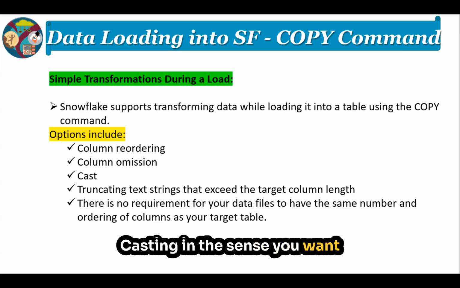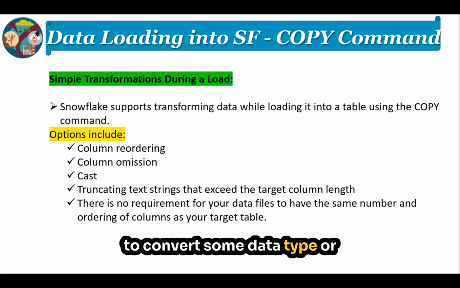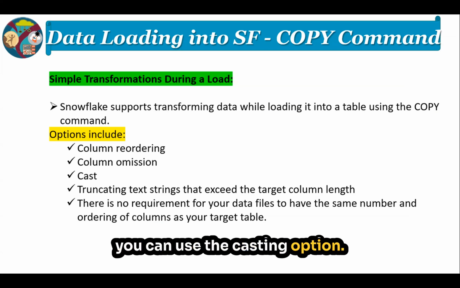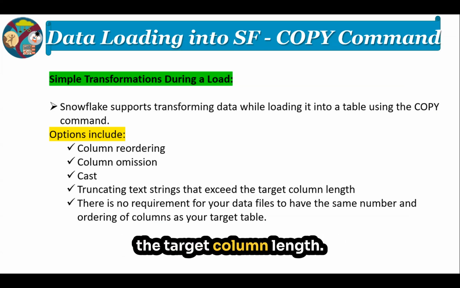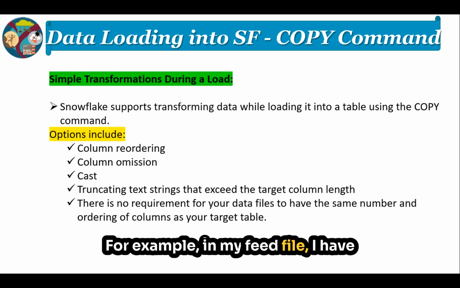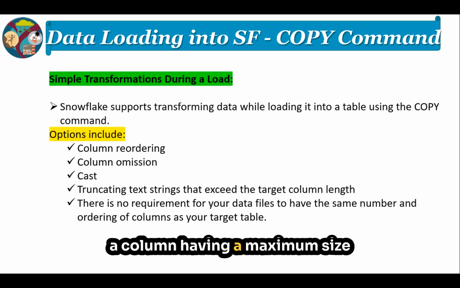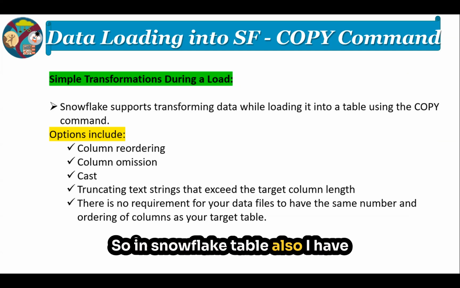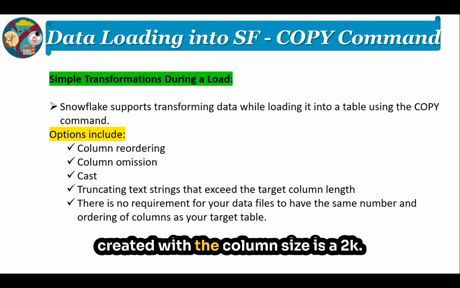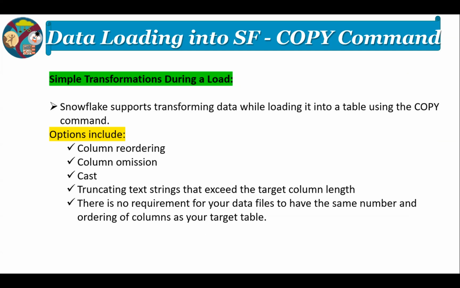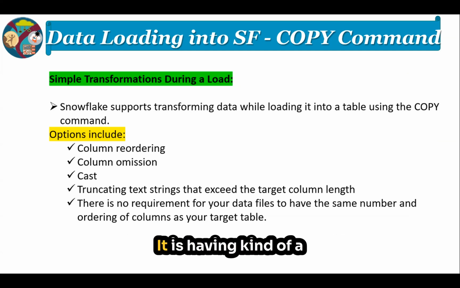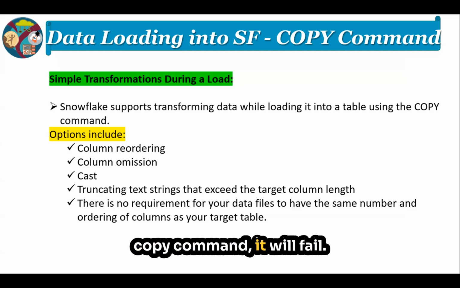Casting means you want to convert some data types, like dates and formats; you can use the casting option. Then there is truncating text strings that exceed the target column length. For example, in my feed file a column has a maximum size of, say, 2K, and in the Snowflake table I also created the column with size 2K. But unfortunately there is some junk data in the feed file with more than 2K characters, so the copy command will fail.